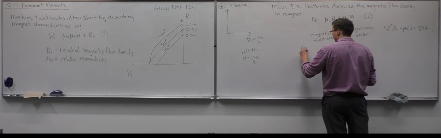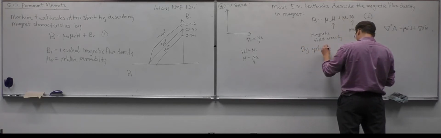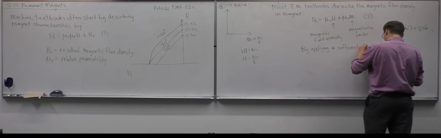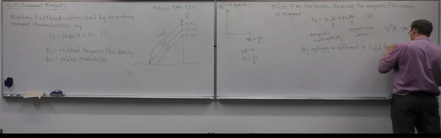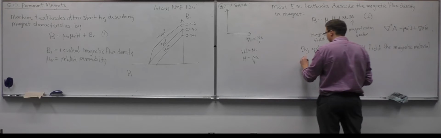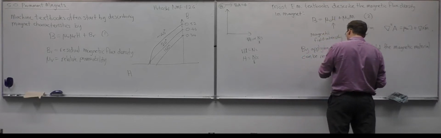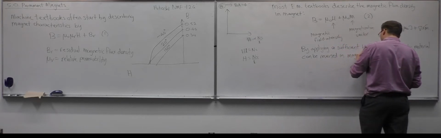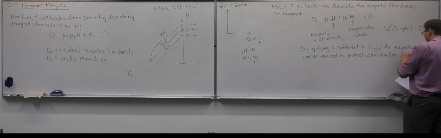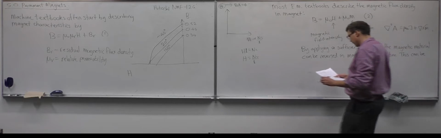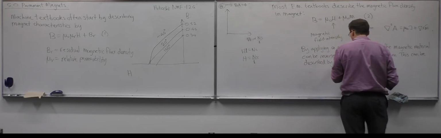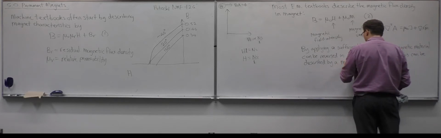By applying a sufficient H field, the magnetic material can be reversed in magnetization direction. This can be described by an MH curve.